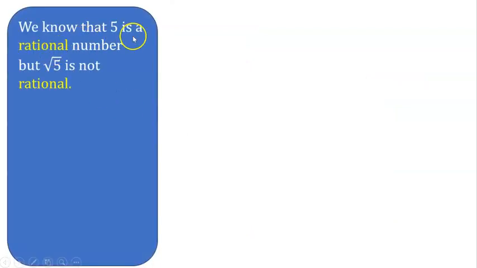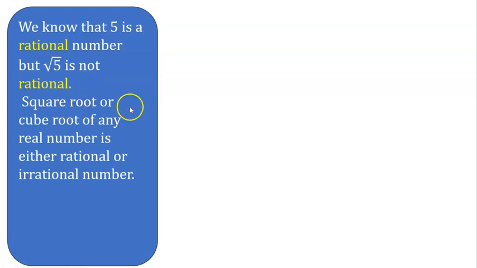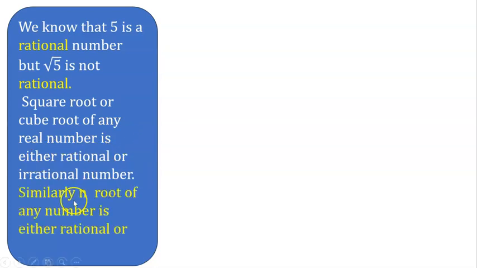We know that 5 is a rational number, but root of 5 is not rational. Square root or cube root of any real number is either a rational or irrational number. Similarly, nth root of any number is either rational or irrational.